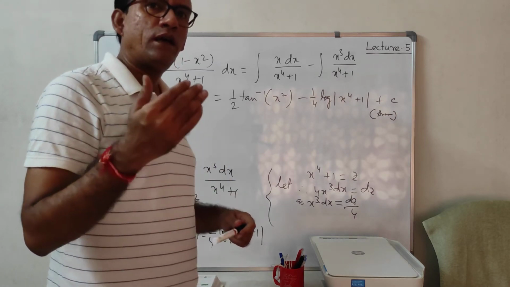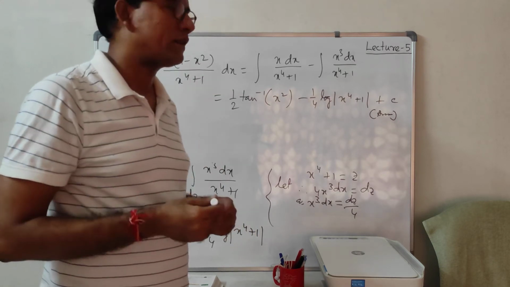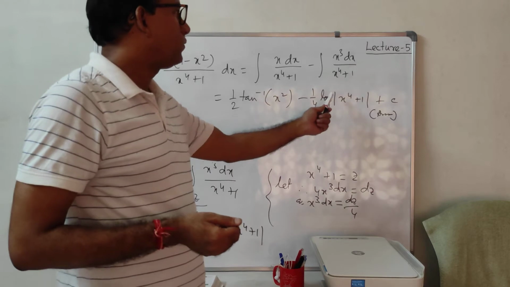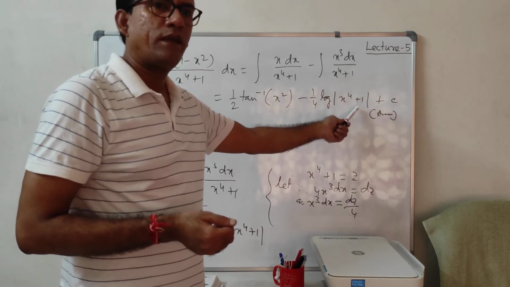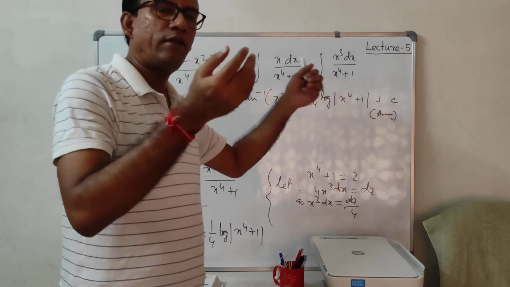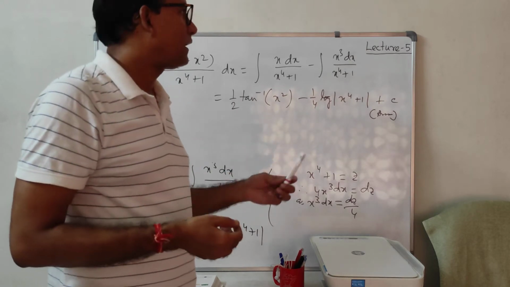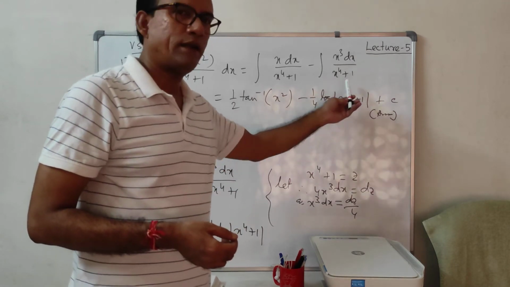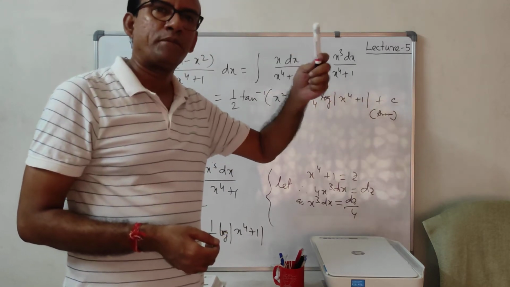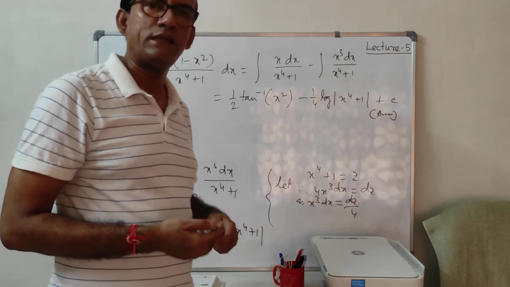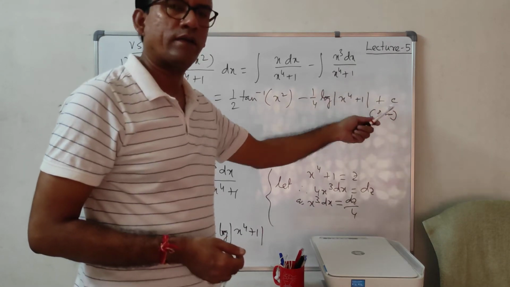Actually, we deal with calculus of imaginary numbers in higher mathematics. So for that, we generally put the modulus sign, because under the modulus sign, if there are some variables that may take positive values as well as negative values, and you ultimately get a negative number, the logarithm of that negative number will be an imaginary number. For that reason we put the modulus sign here.